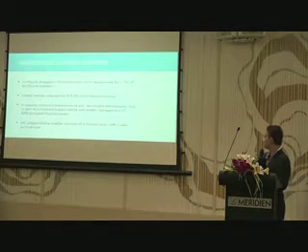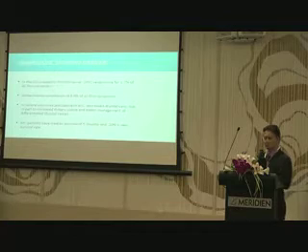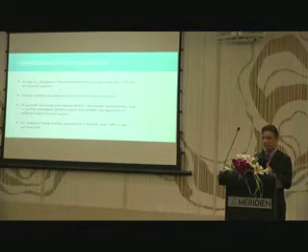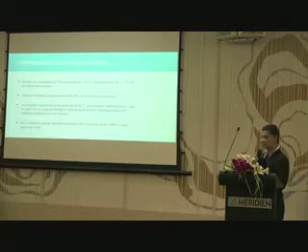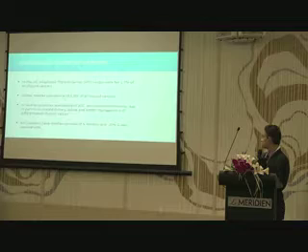Then lastly, anaplastic thyroid cancer. This is a more aggressive cancer and responsible for 1.7% of all thyroid cancer. So it is less common compared to papillary, follicular, or even medullary, but it has quite high mortality. Global prevalence is about 3.6% of all thyroid cancer.